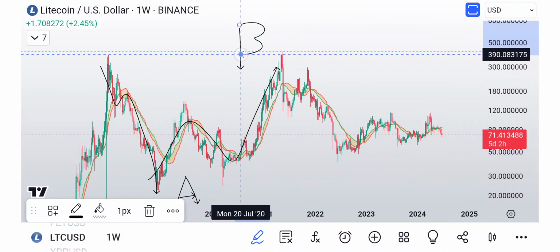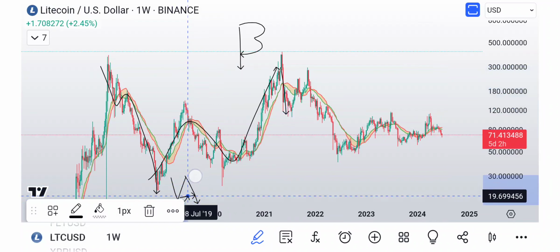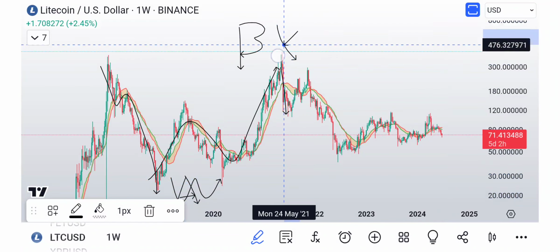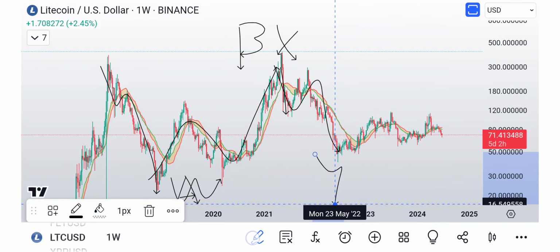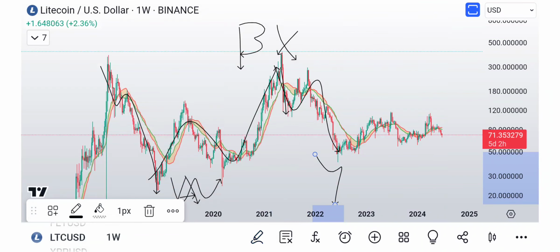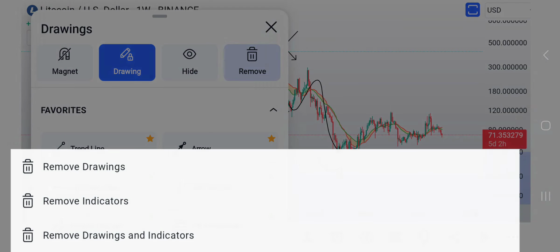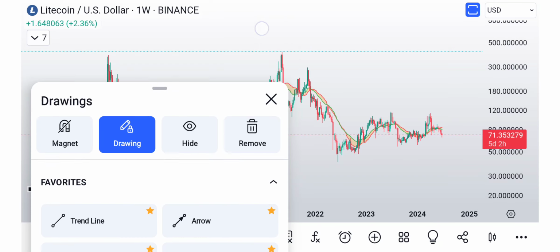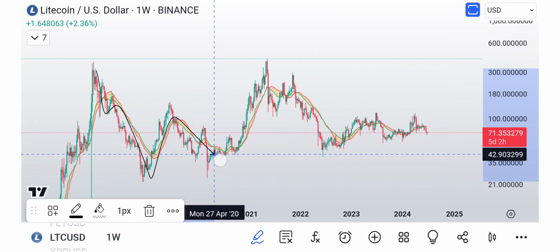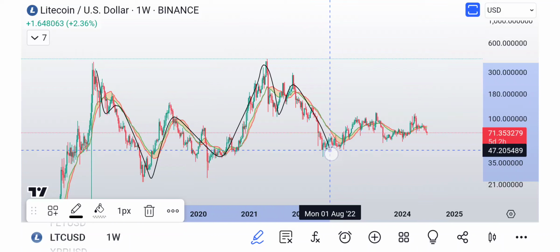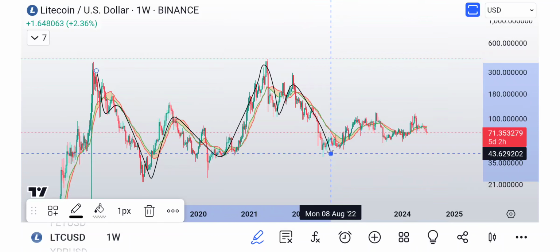That's wave B, or I'm sorry, that could be a W. This could be an X, and then we have 3 down for Y. So it would actually be a WXY, basically a 3-3-3. So we have 1, 2, 3, 1, 2, 3, 1, 2, 3. So 3 down, 3 up, 3 back down, and now we're sort of leveling out.